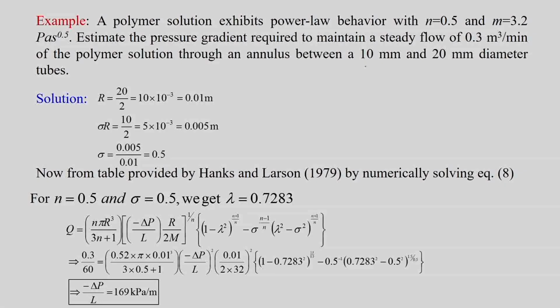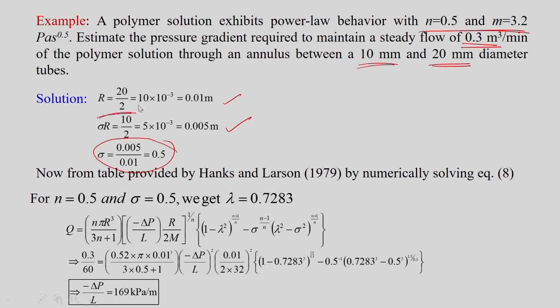So, the sizes of the inner tube and outer tube are given, and the flow rate is also given, as well as the rheological parameters of the fluid, that is, the power law behavior index and the power law consistency index. Since R is given and sigma R is also given, one can find sigma.